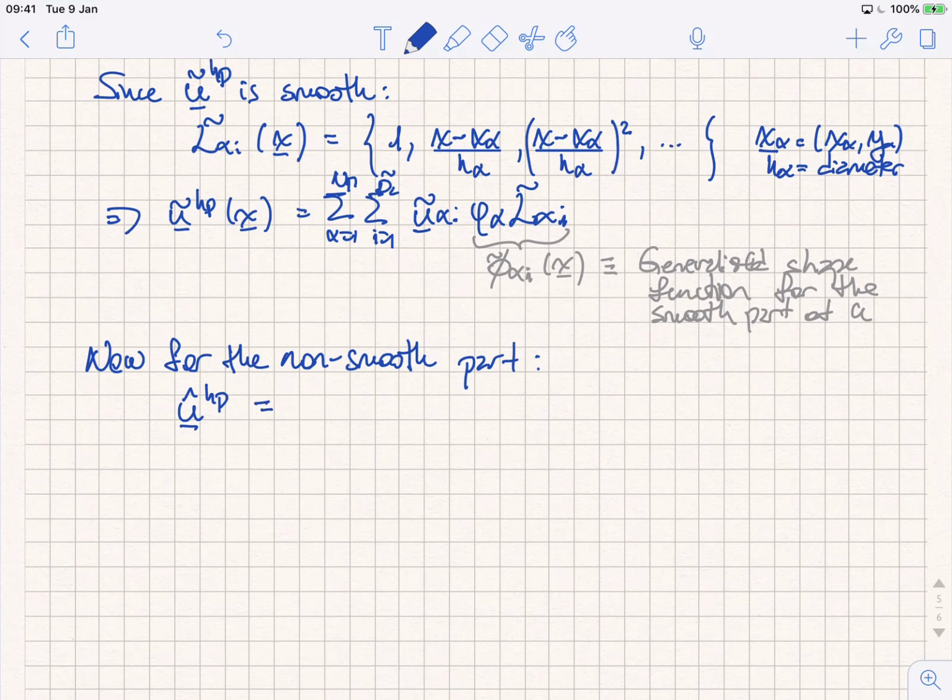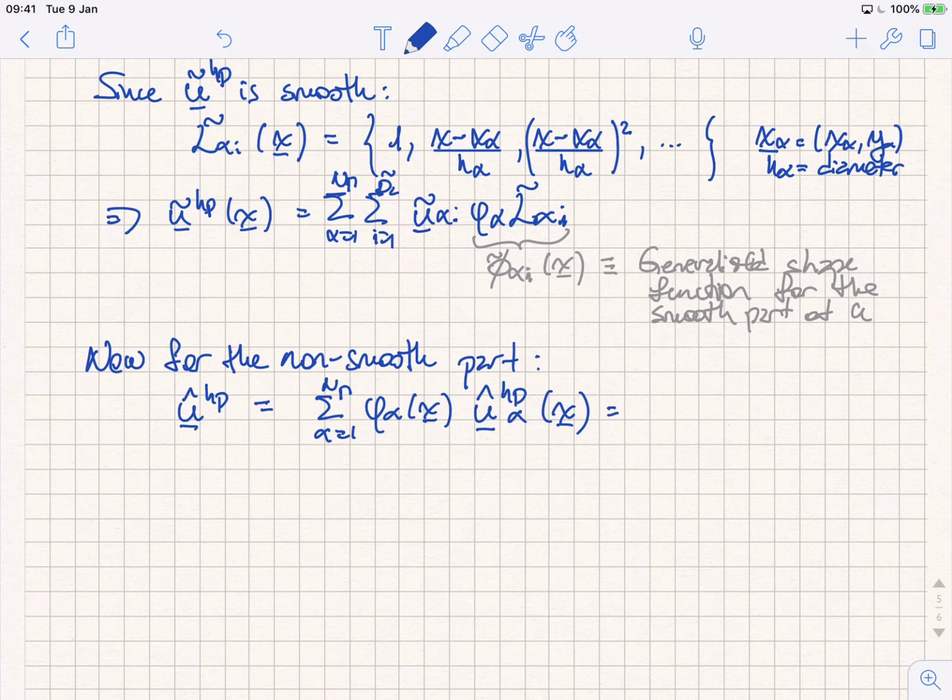So for the non-smooth part, you would expect basically the same equation. So you have a loop, and then this is going to be my local approximation for the non-smooth part, that we can again expand the same way we just did.